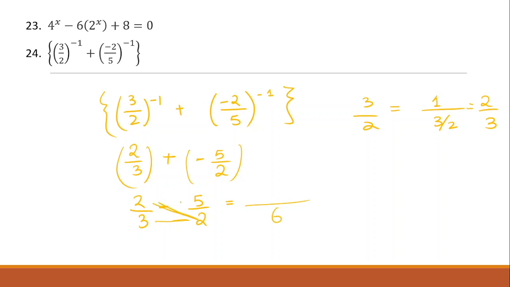Cross multiply them. 2 multiplied by 2 is 4. You can write the negative sign here. 3 multiplied by 5 is 15. So 4 minus 15 is negative 11, and in the denominator we have positive 6. So negative 11 divided by positive 6 is our final answer. Clear? Okay.